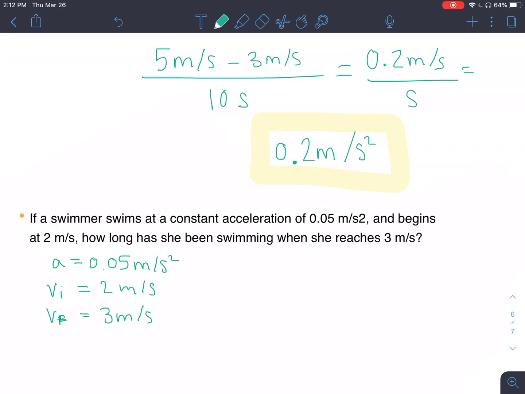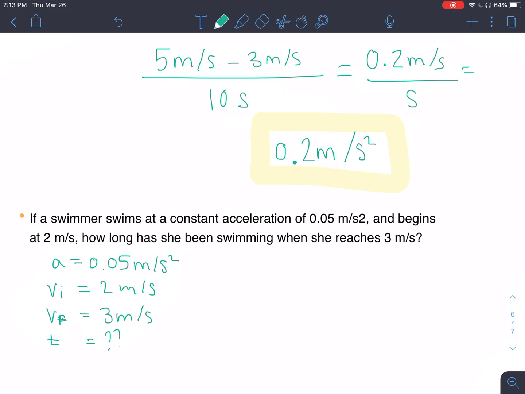So the only component that is missing from our formula is time. And this is a perfect example of when you guys will be using the equation to solve for other parts. You guys could also be solving for the initial velocity, final velocity at times. It's not always going to be just the acceleration.